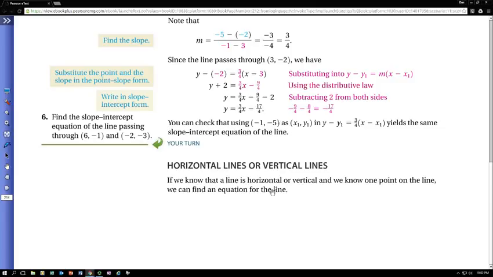Well, there are some special things that happen with horizontal and vertical lines. We've talked about perpendicular lines, where the slopes are the opposite of the reciprocal, or the way I like to describe it, if you take the slope of one line and the slope of the other line and multiply them together, you get -1.